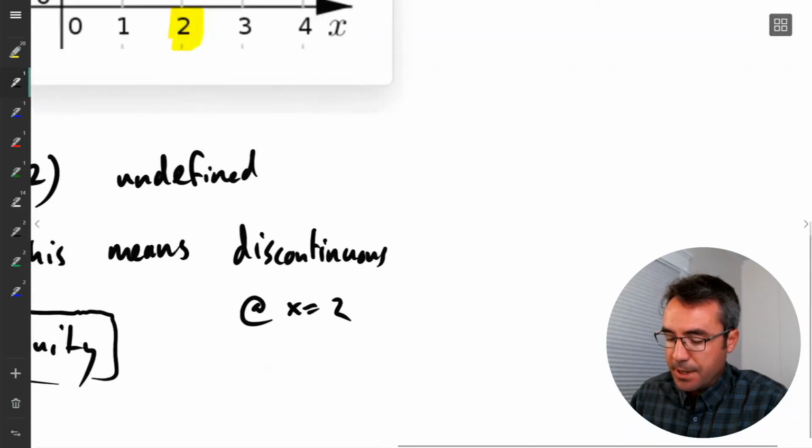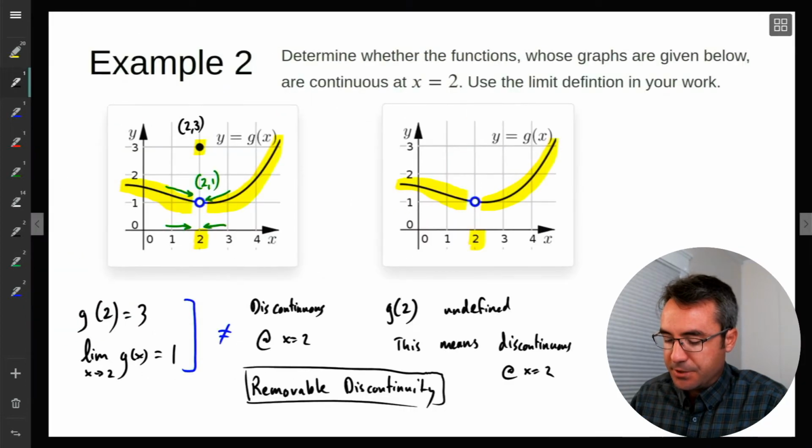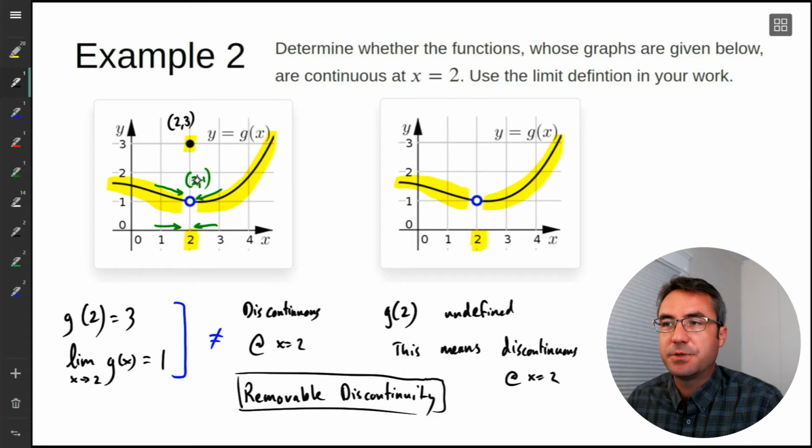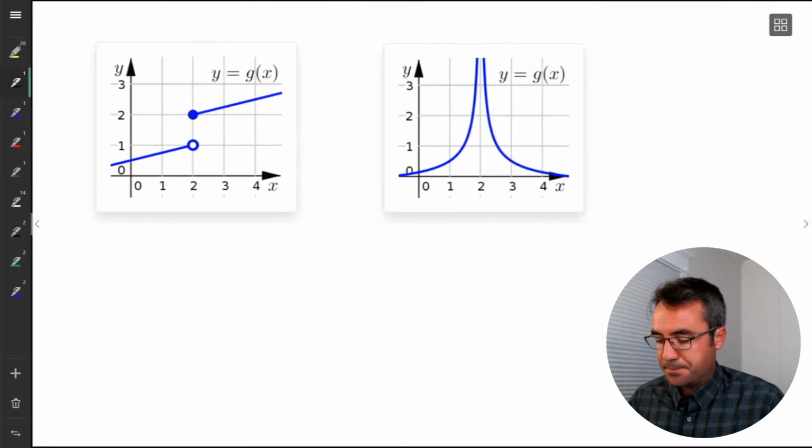So in each of these, if we really needed a continuous function, we could redefine things so that this hole is essentially plugged. Let's look at a couple more.